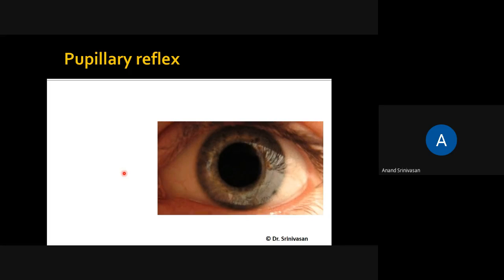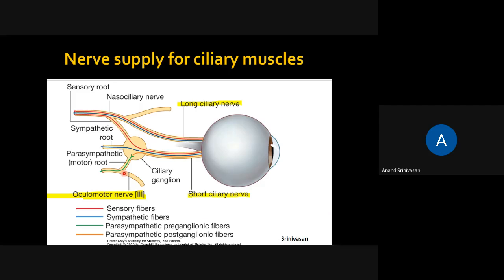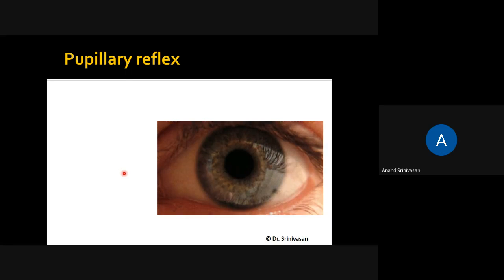So the pupillary reflex is a very important point which you need to know. It is done by the ciliary muscles, and the nerves involved are the long and short ciliary nerves. They both constrict and dilate the pupil. All right, any doubts?